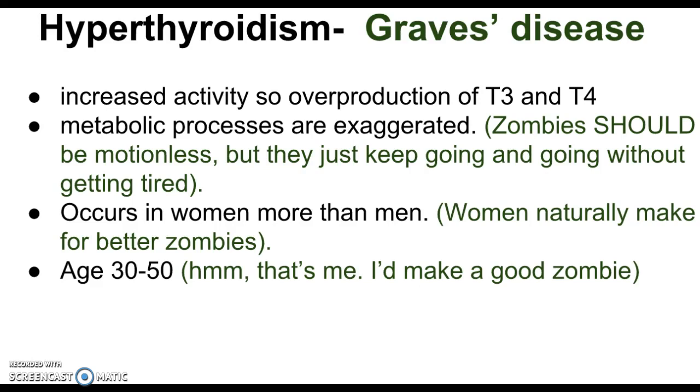So sometimes overproduction of T3 and T4 kind of uses up all of that TSH. So when we're looking at blood or serum levels, usually they're going to be opposite. So if you have too much T3 and T4, you're going to have too little TSH, because the thyroid's used up all of that thyroid stimulating hormone. And the opposite can be true. Maybe we have plenty of thyroid stimulating hormone, but we have this lazy old thyroid that won't use it.